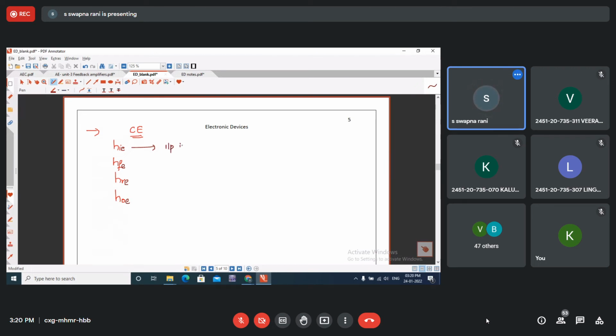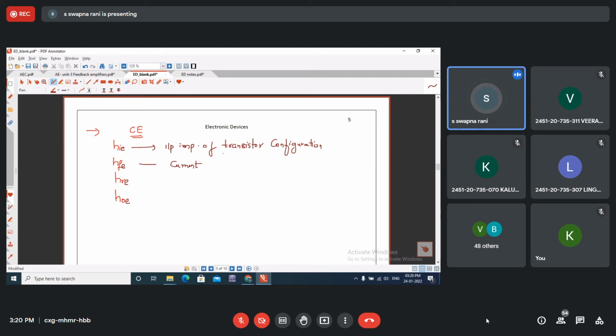This is the input impedance of the transistor configuration, and this is the current gain of the transistor configuration. These parameters are going to be different for different configurations. The values of this set of parameters will be different for CE, CB and CC, because each transistor configuration behaves in a different manner.